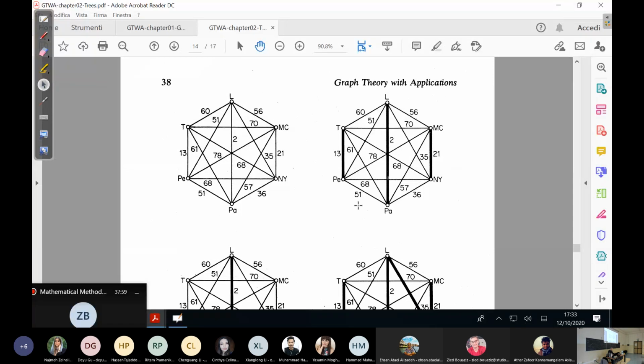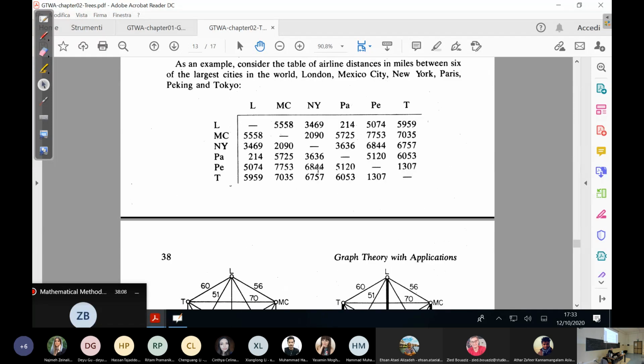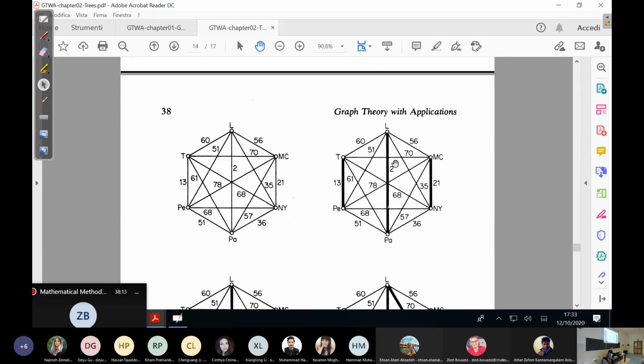You might do something strange. Here actually Tokyo and Peking are directly connected, but so are New York and Mexico City. But you might have to do several changes of airplanes. Everybody who has traveled with little money maybe has done this.